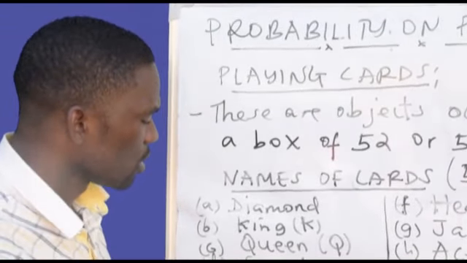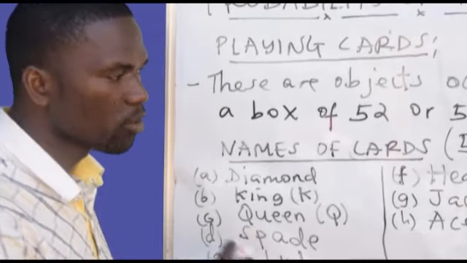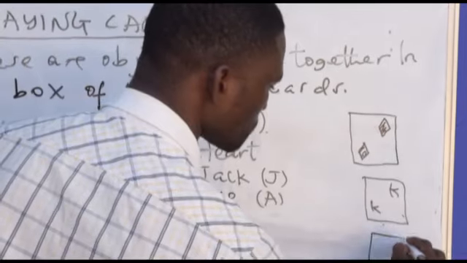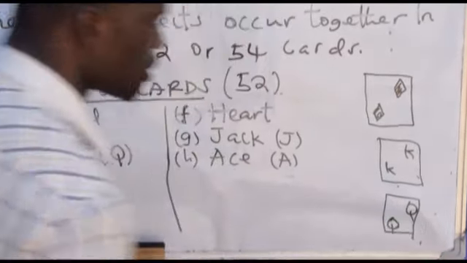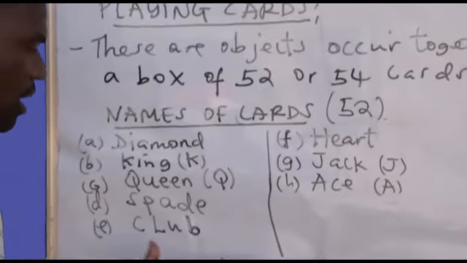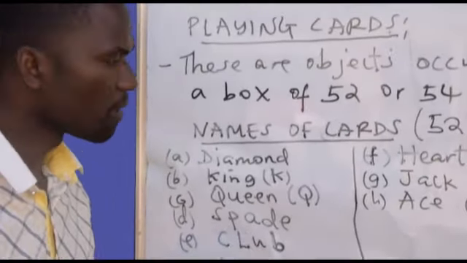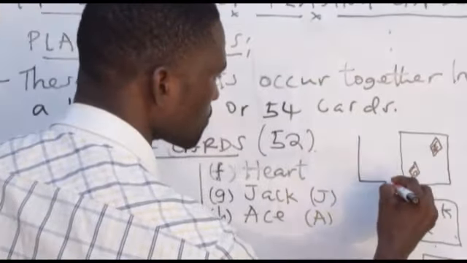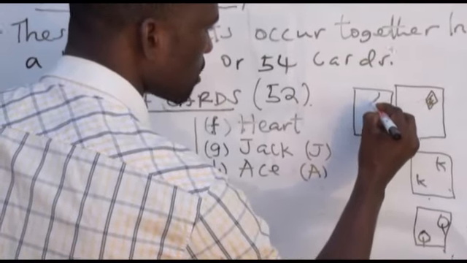As usual, there is also a card called queen card. A queen card is a card which is marked as Q. And another card is called spade, and this one looks like this. There is a shape like this here.